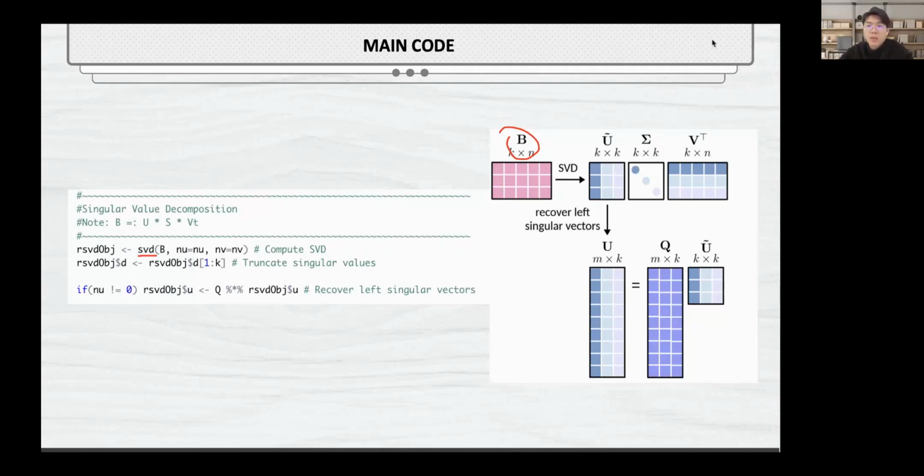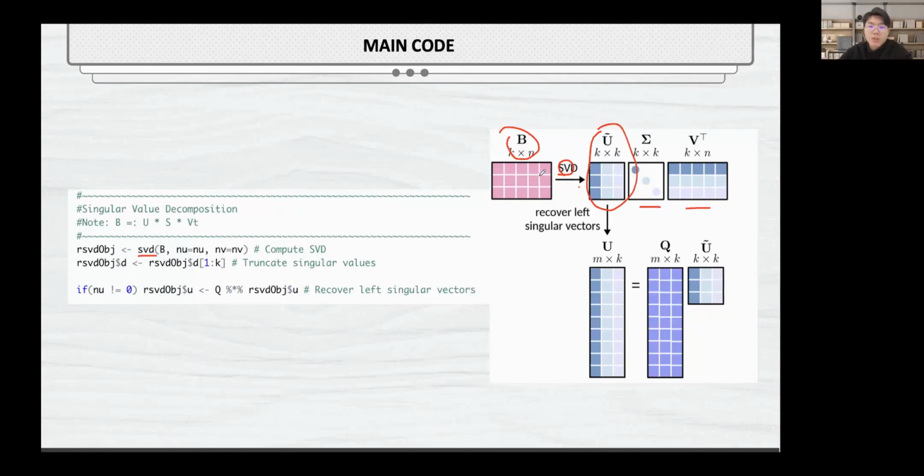And after we do the SVD method, we will get the left singular vectors, the diagonal matrix sigma, and the right singular vectors. These are the three parts of the formula in the SVD method.